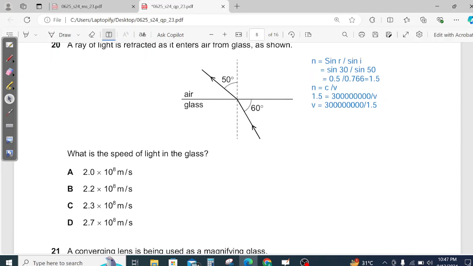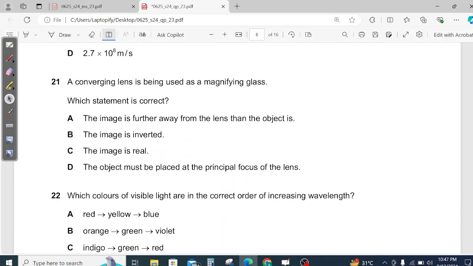Now move towards question 21. A converging lens is being used as a magnifying glass. Which statement is correct? So remember, I will give you a hint here. For example, this is your principal axis and this is your magnifying glass.